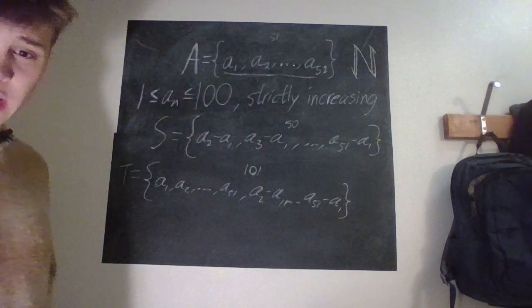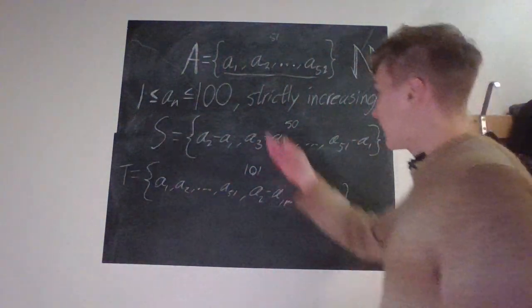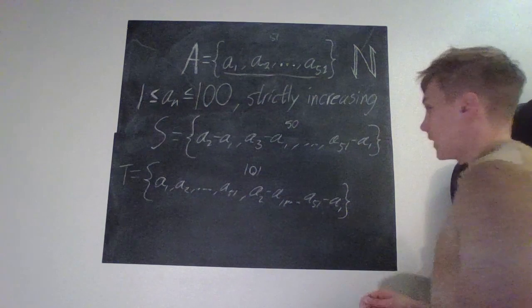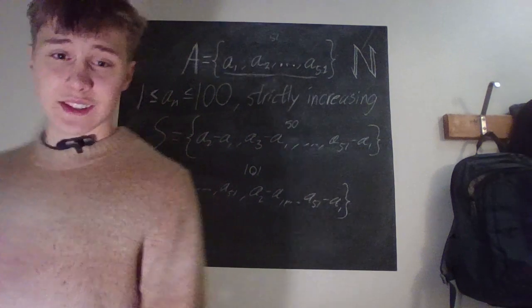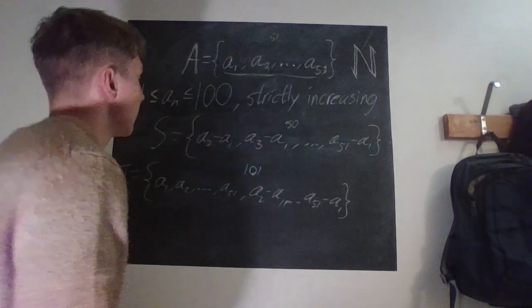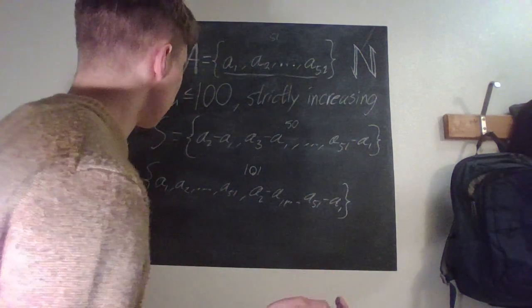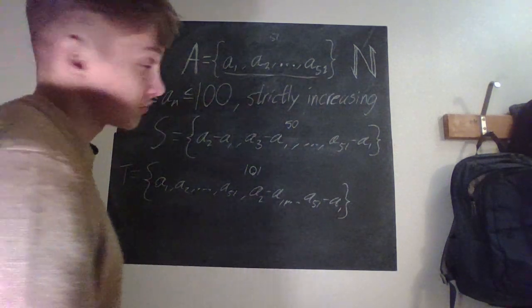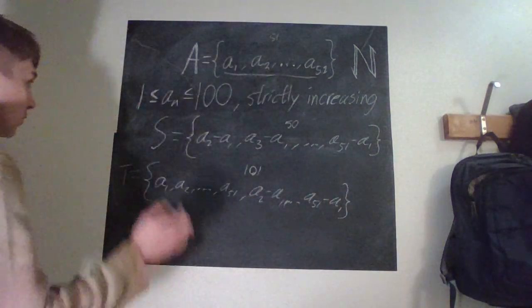And now we must look at what values these elements can obtain. Well, in A, we said that the values can be between 1 and 100. And if we're subtracting something between 1 and 100 minus something that is less and between 1 and 100, then we can get something between 1 and 99, if I'm not mistaken, which is contained in the interval 1 to 100.